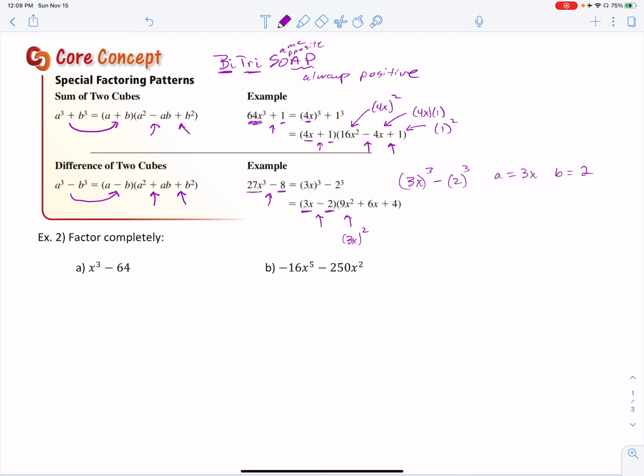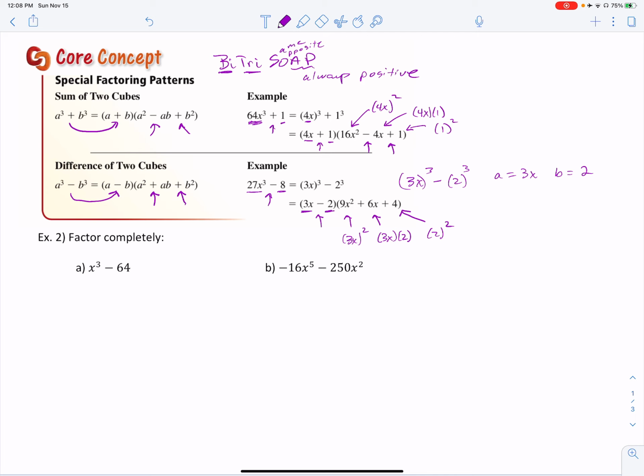And then when it's a difference of cubes, all the signs in the trinomial will be positive. And you get the 6x by taking the a value times the b value, which is your 3x times 2. There's no doubling that one. And then the last term is always positive, and it is that b term squared.